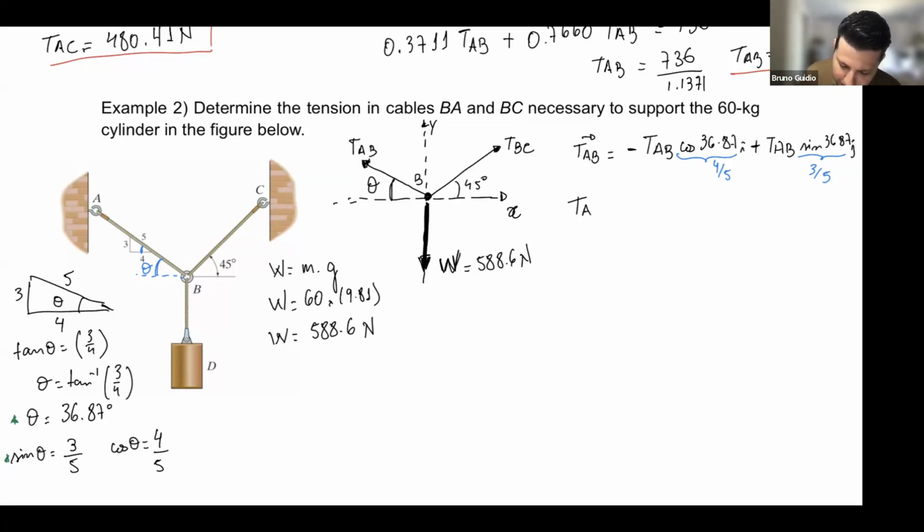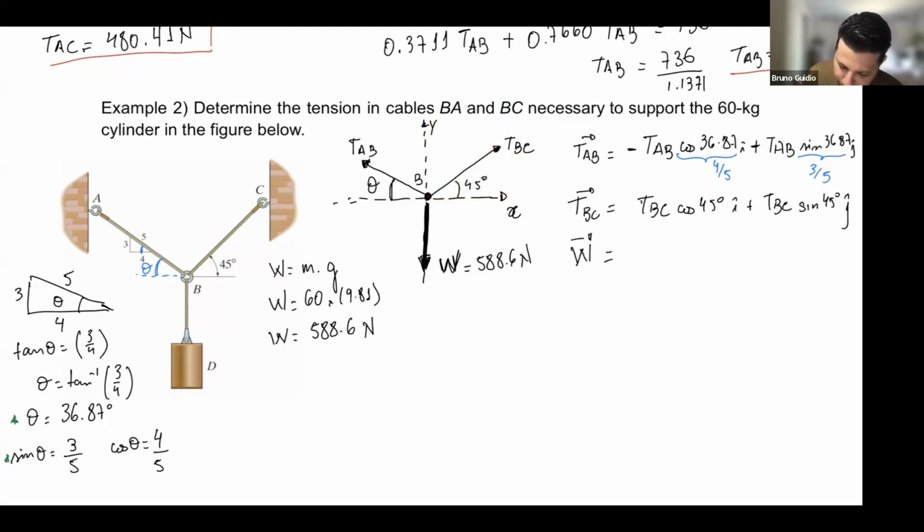Now, TBC. X component positive, Y component positive, magnitude TBC, angle this one here, cosine in X, sine in Y. TBC cosine 45 i hat, TBC sine 45 j hat.